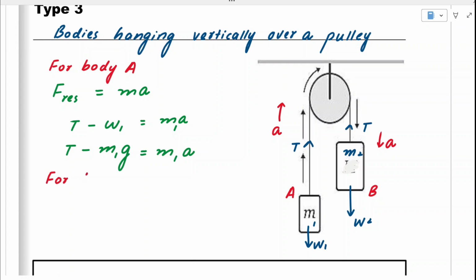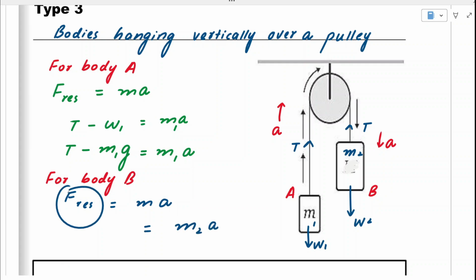Now for the body B. Let's go the same way. F resultant equals ma. In this case, the mass would be m2a as it is, but what is the resultant force for the object B?